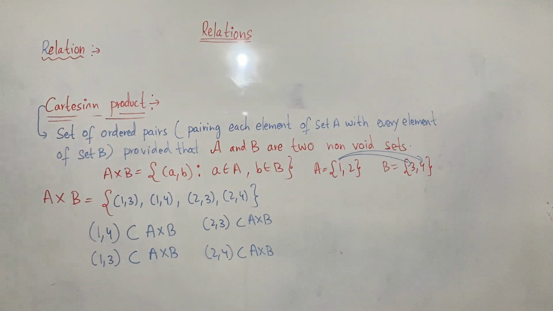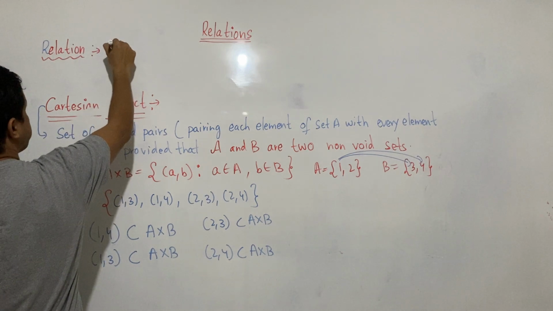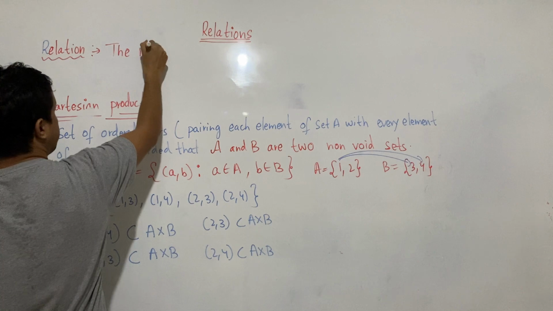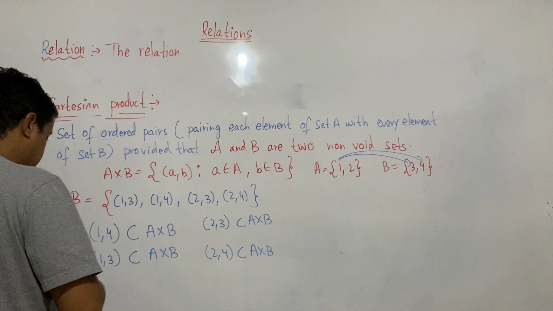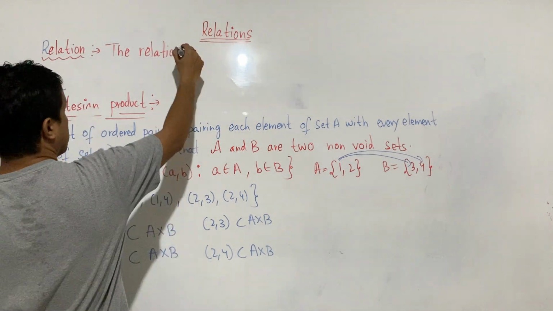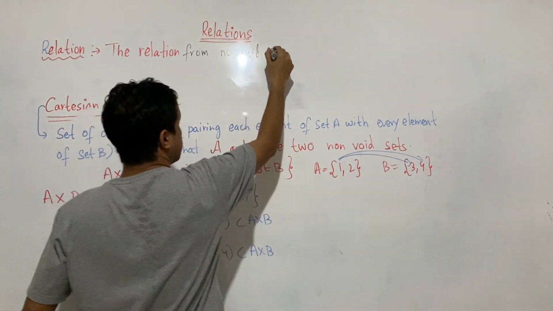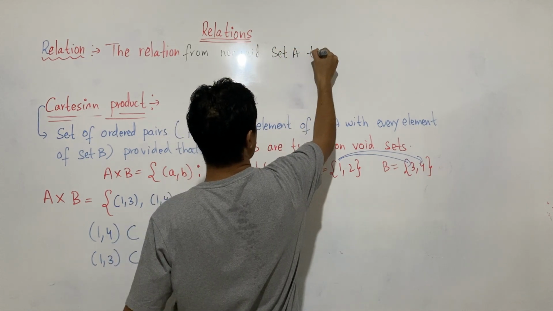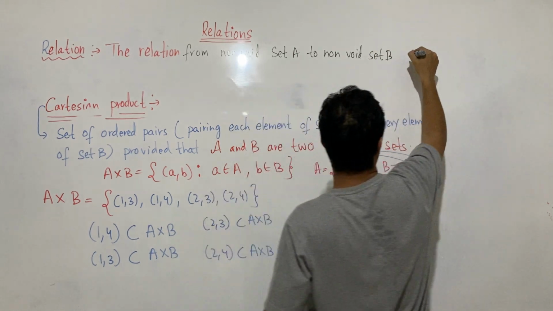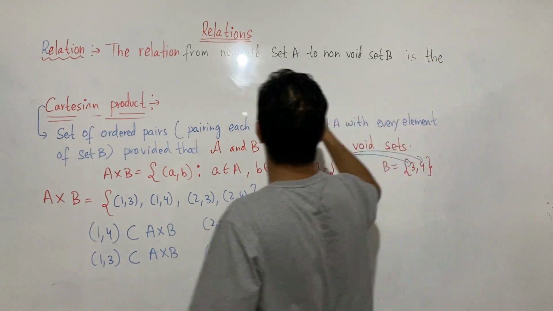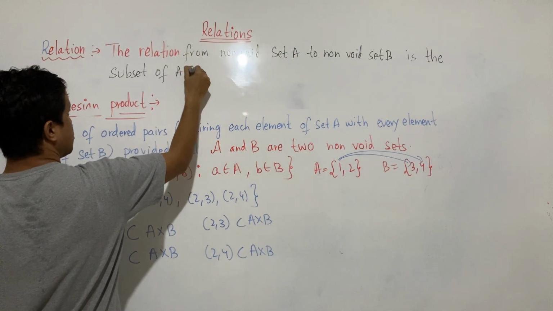The definition of relation is that the relation from non-void set A to non-void set B is a subset of A Cartesian product B.